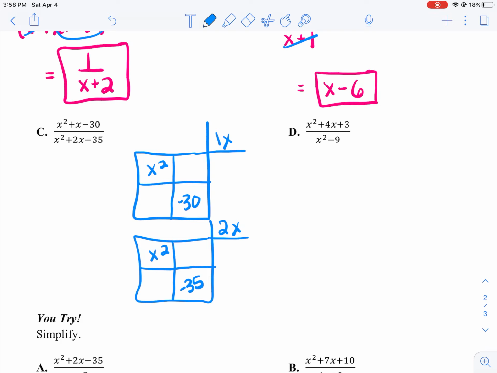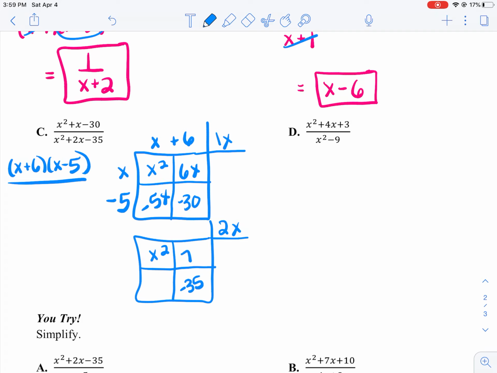All right, so for the numerator, two numbers that multiply to negative 30 and add to positive 1 are going to be positive 6x and negative 5x. So we can take out an x and we get x plus 6, and then we can take out a negative 5. So the top, the factors are x plus 6 and x minus 5. And then on the bottom, two numbers that multiply to negative 35 and add to positive 2.